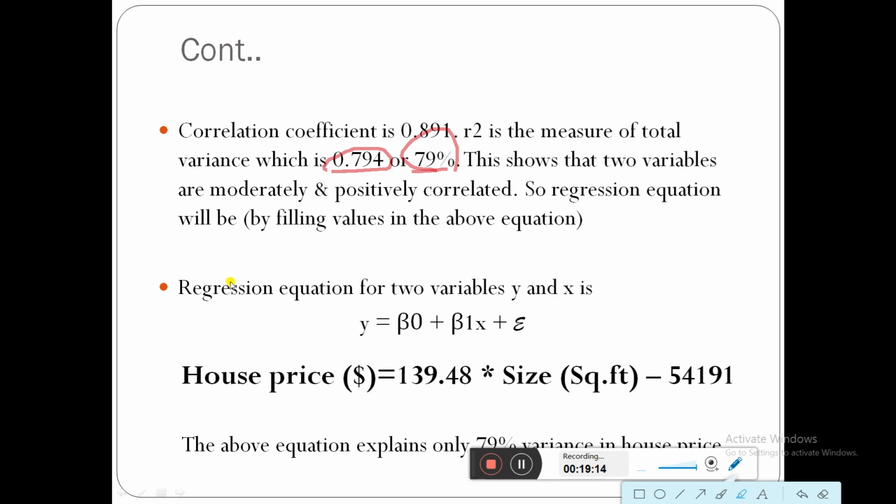We are going to establish the regression equation for the two variables y and x: y is equal to beta 0 plus beta 1 x plus epsilon error. We take the error as negligible, so we remove it. Then we fill in the remaining values.